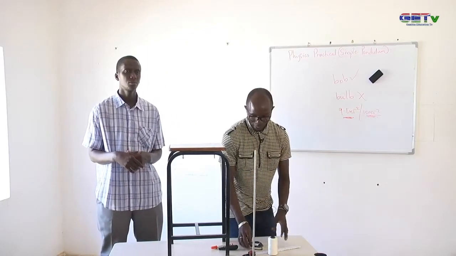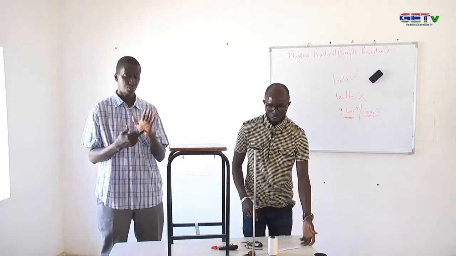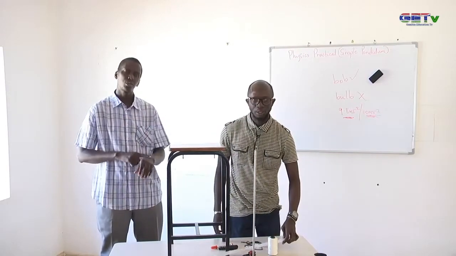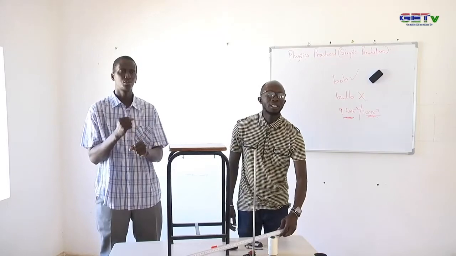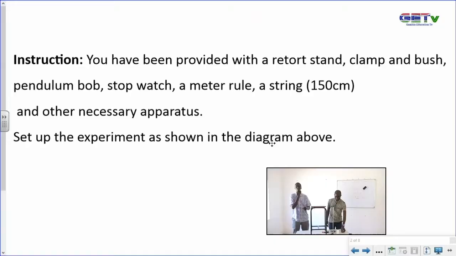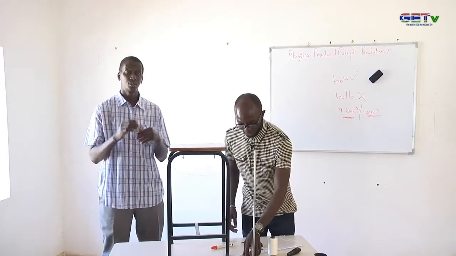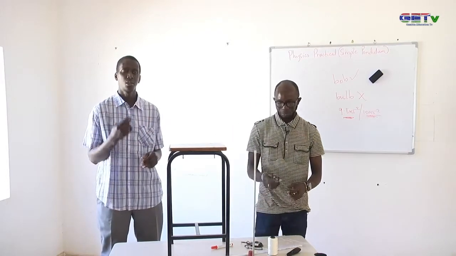And other necessary apparatus. The necessary apparatus could be the table, the stool that we have used to adjust, and all of that. Now it says set up the experiment as shown in the diagram above. This is the diagram. Now we will go ahead and set up this apparatus as shown above.